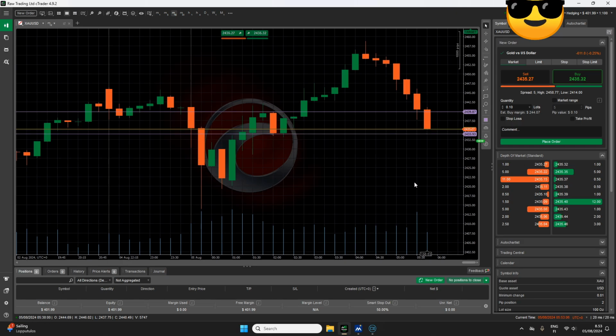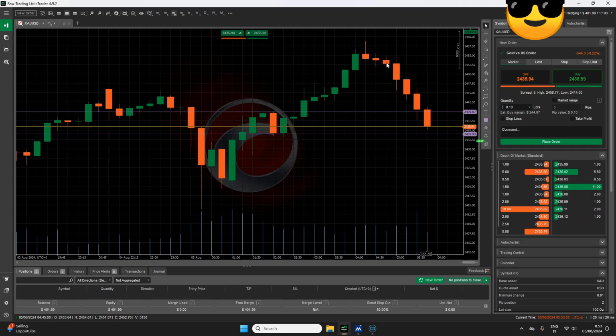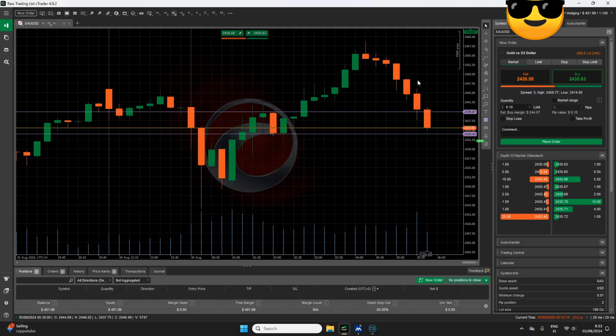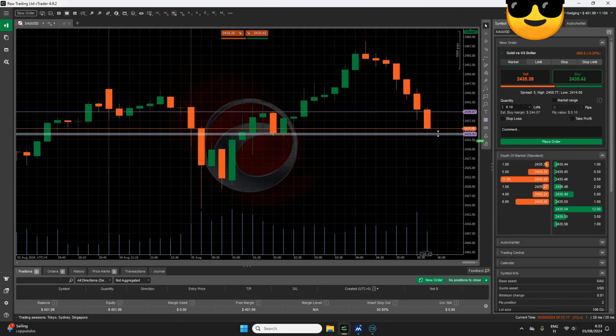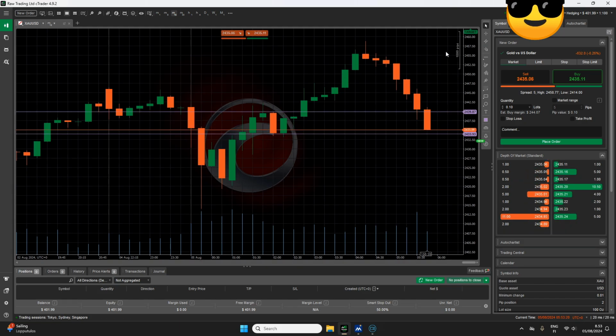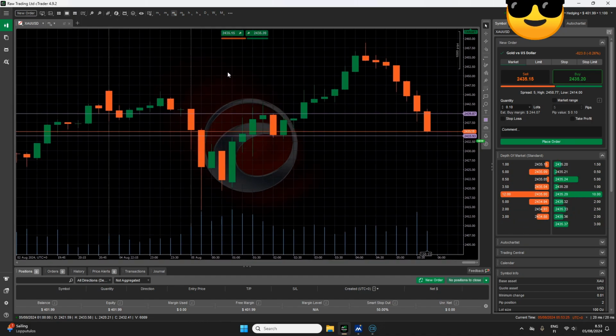It's a very long move, as you can see. It's a huge sell. Whenever I see a huge sell this way, usually we have a sort of correction back up. Usually it happens this way, but we will wait and see what gold will do.